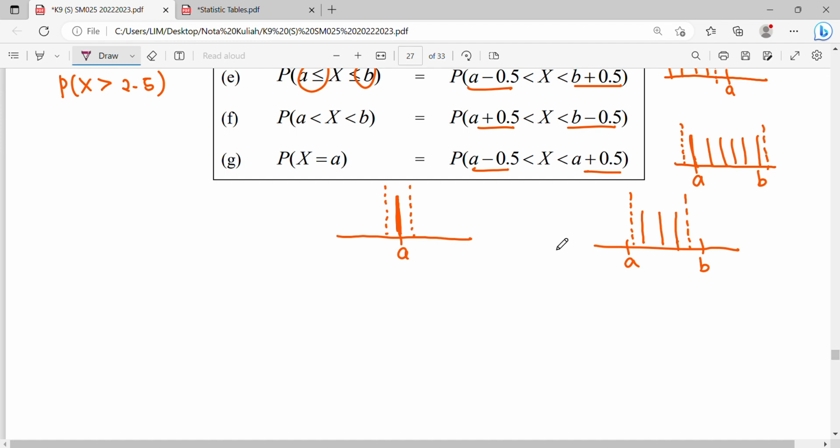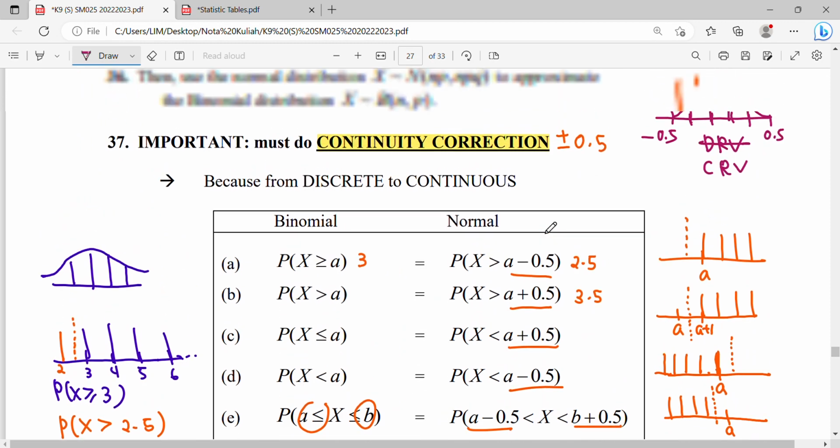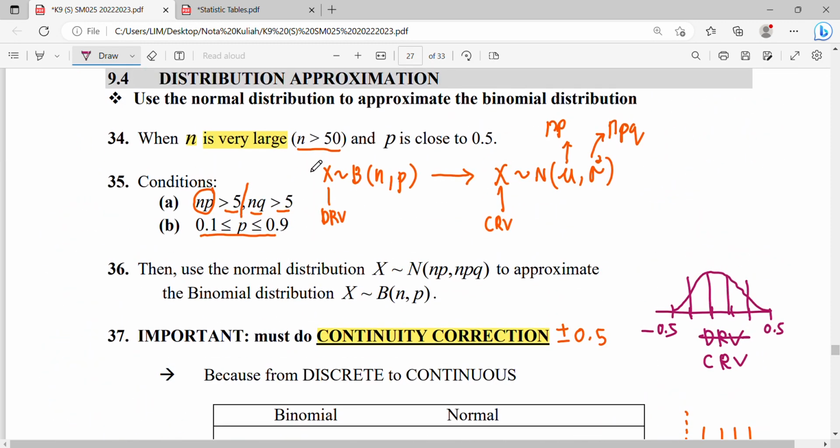Then we start with N, the next flow Z, the next procedure D, drawing, then table, then answer. So we no longer use binomial distribution to answer that situation. So we use normal distribution to approximate, untuk menghampiri lagi discrete binomial distribution ini.